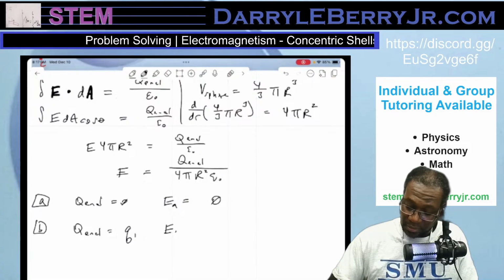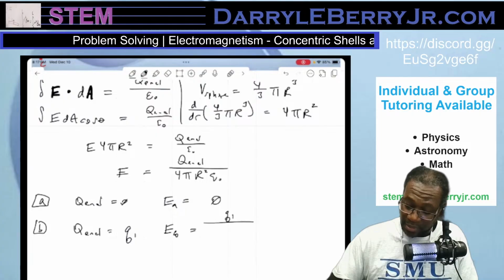So EB equals Q1 divided by 4 pi r squared epsilon.